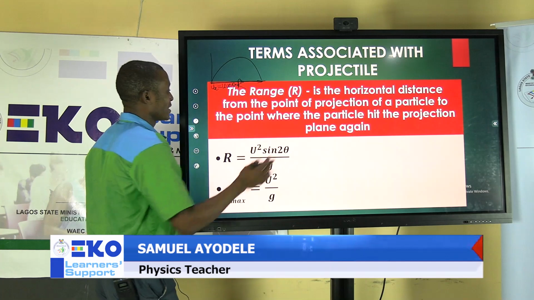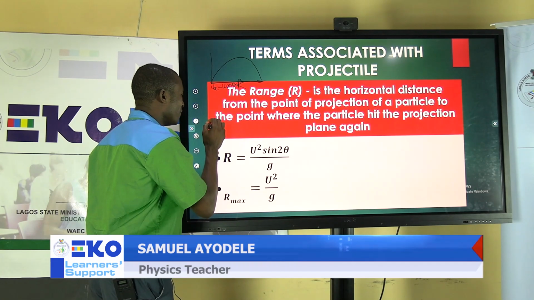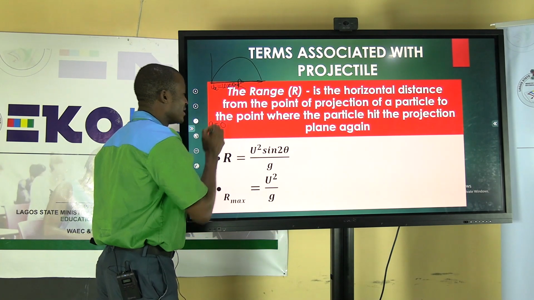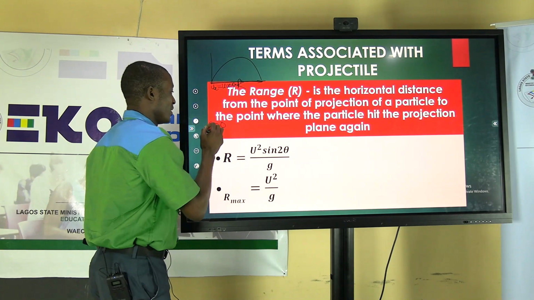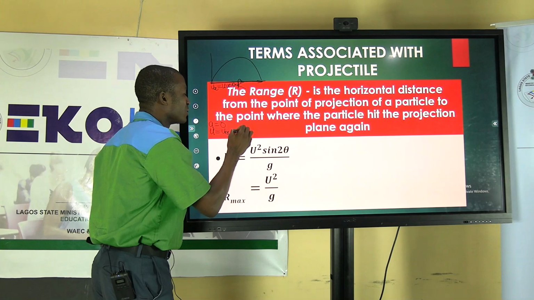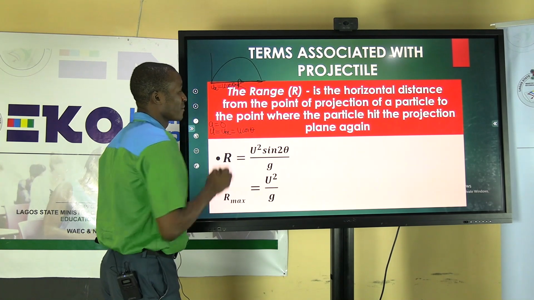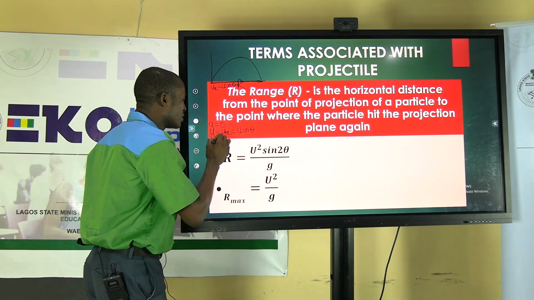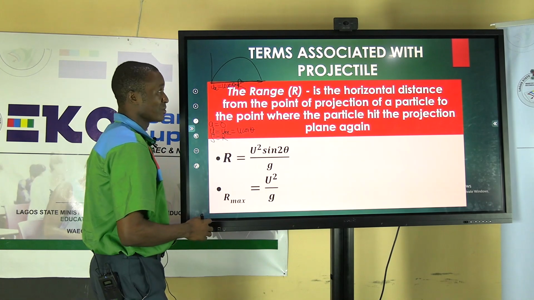Now, let's look at other parameters. Our acceleration here is 0. The velocity responsible for the journey is the horizontal component, which is u cos theta. The distance we are considering is what we are labeling as range.